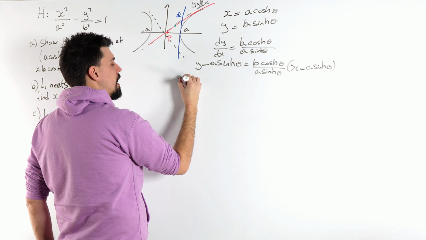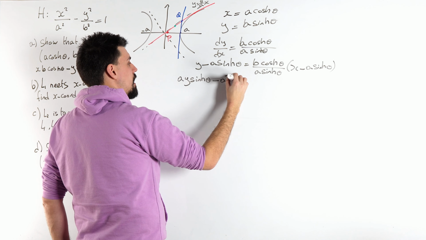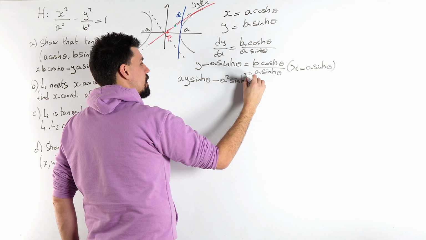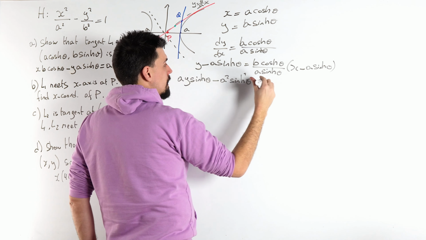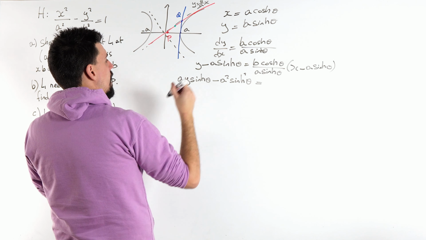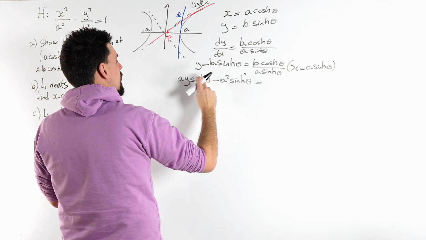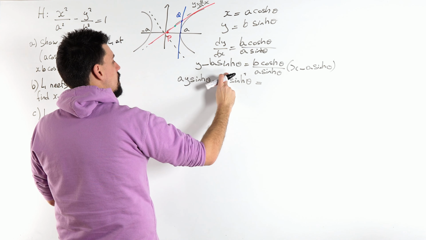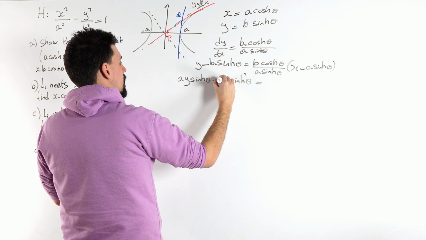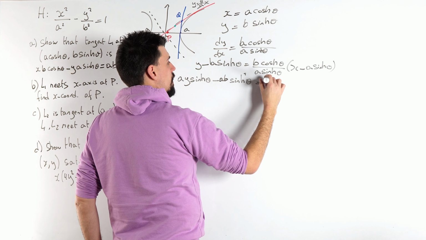So we get a y sine theta minus a squared sine squared theta. Have I done a whoopsie? Yes, because that is a b, obviously. That is a b. So that's an a, b. I know what's going on.